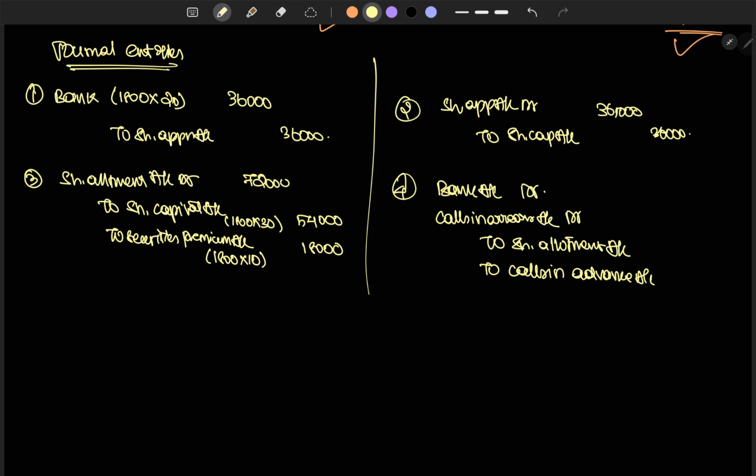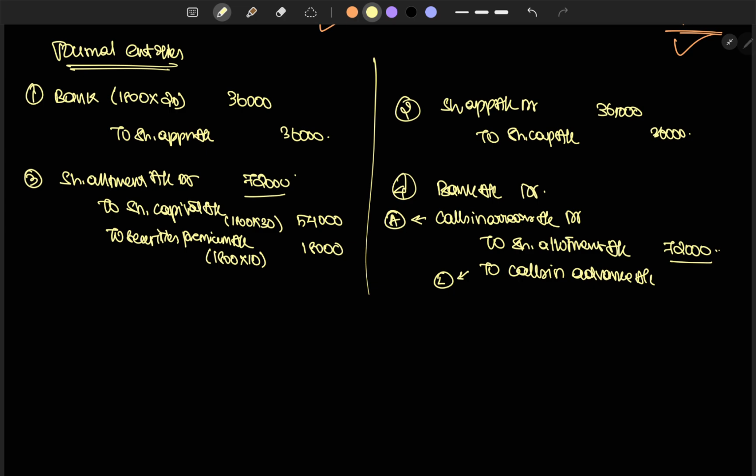So this is the entry for calls in arrears and calls in advance that happen at the same time. Calls in arrears denotes asset, calls in advance denotes liability, and that's it. Okay, so share allotment, the money that we have to receive, which is 72,000, comes from here to here.